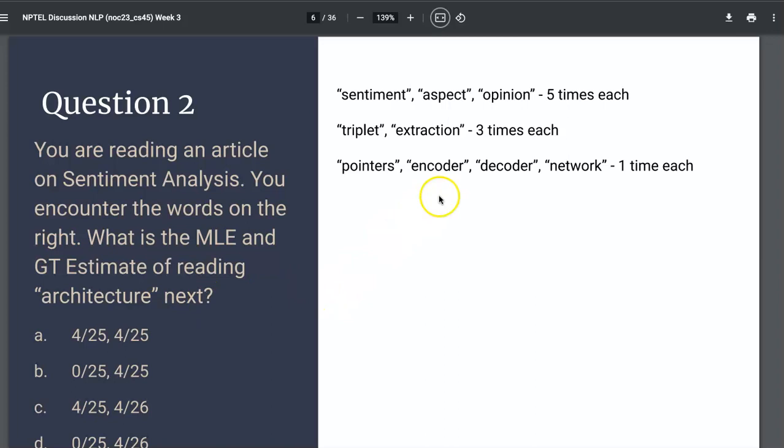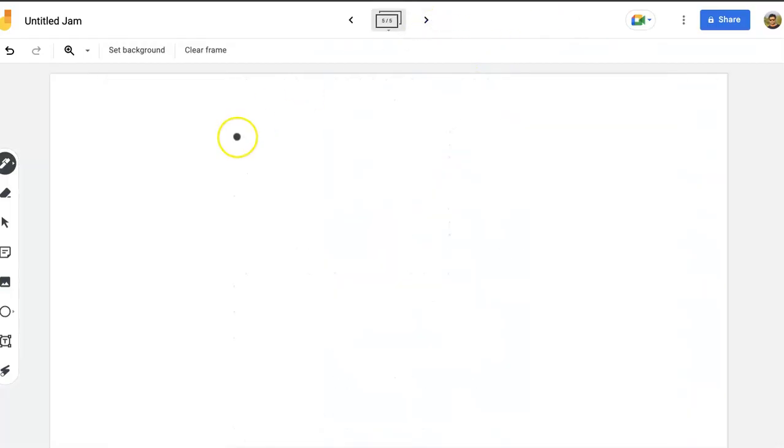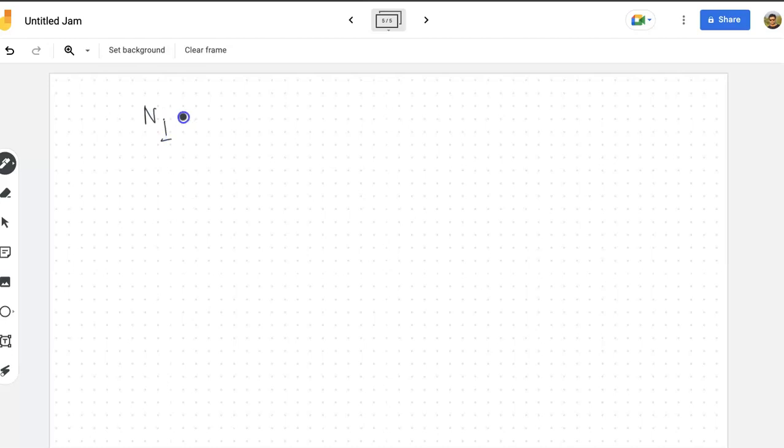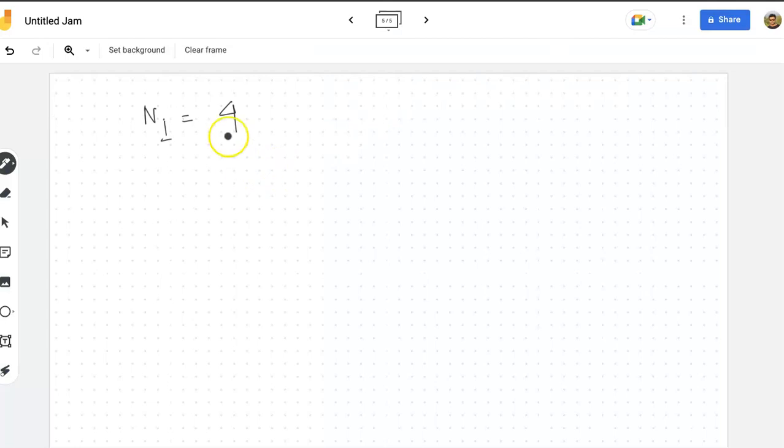Now what is N1 here? It is 4, because you can see there are 4 words which occurred once. So N1 is 4. Now how will you get the GT estimate of architecture?